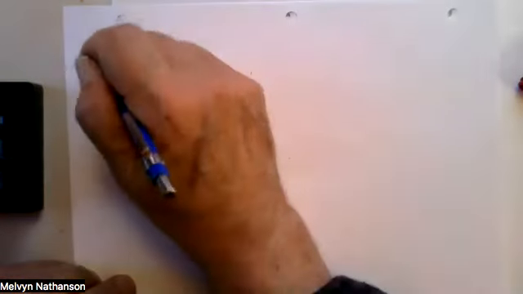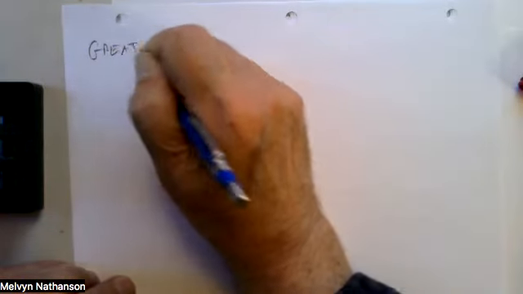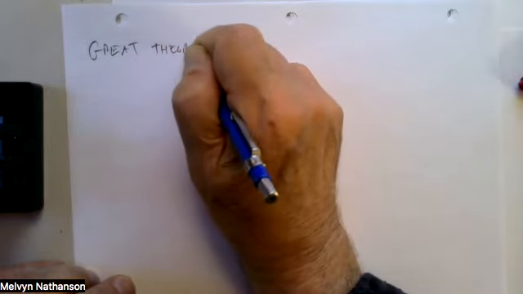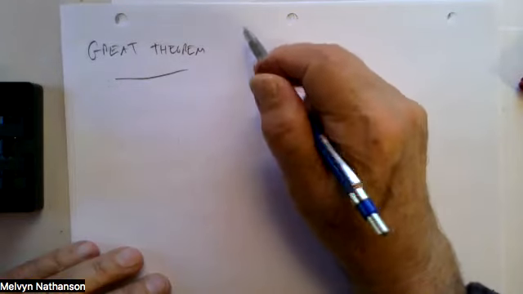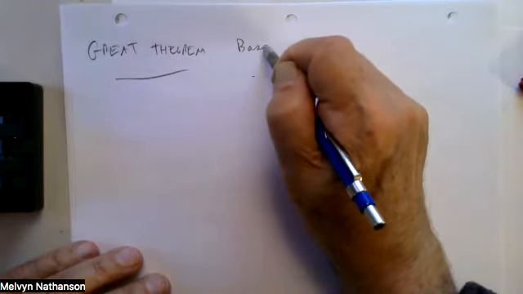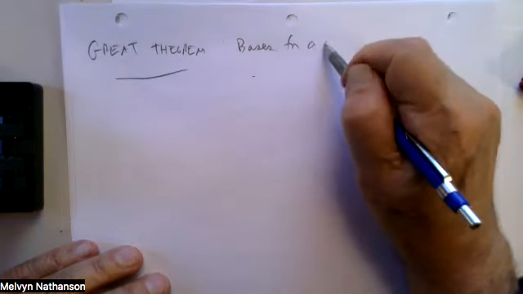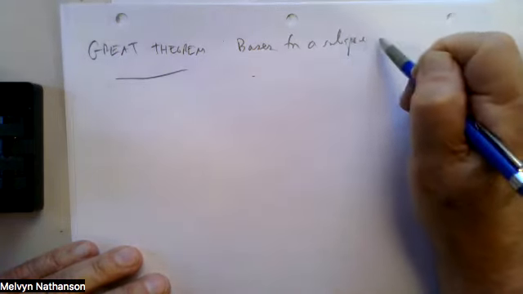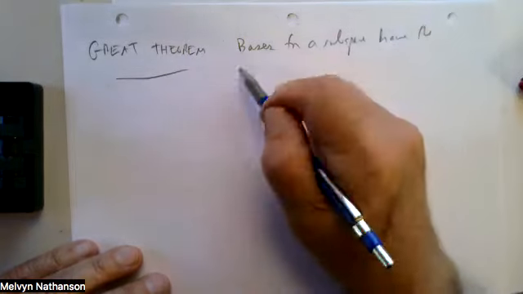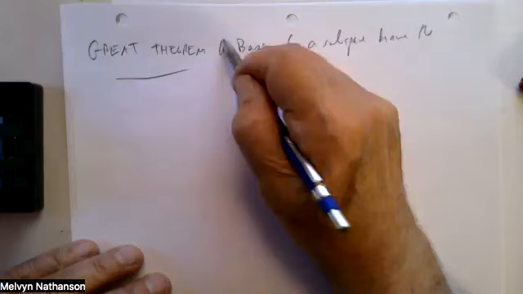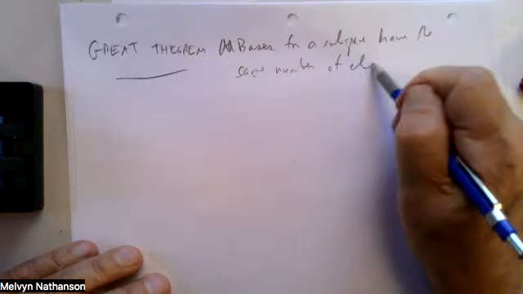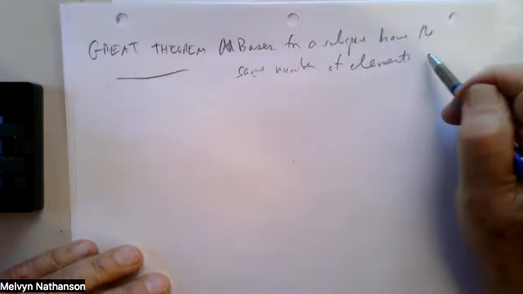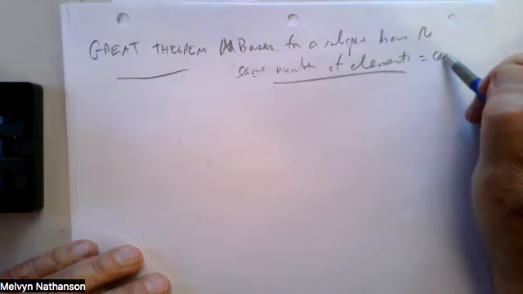And one of the great theorems in linear algebra says bases for a fixed subspace have the same number of elements. All bases have the same number of elements. And another name for number of elements is cardinality.